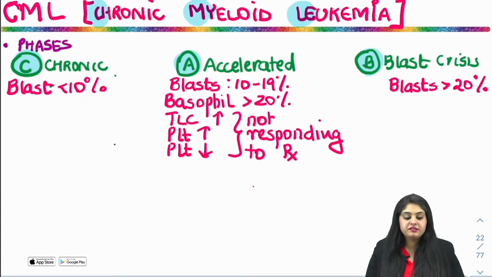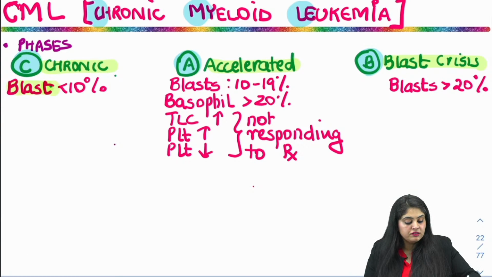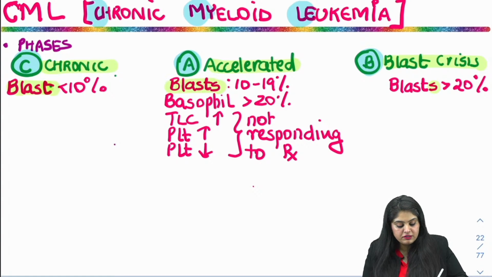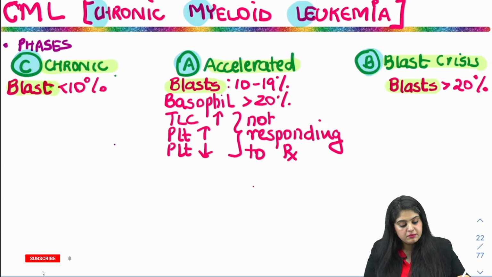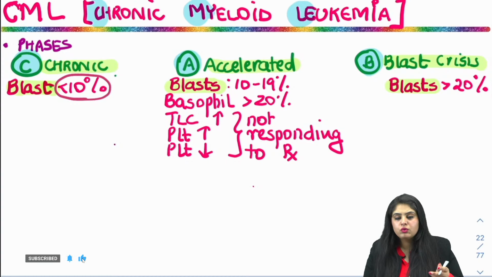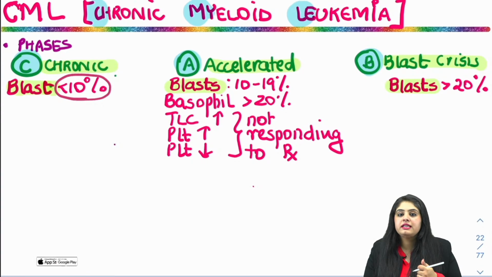Phases, ma'am: first is chronic, accelerated and blast crisis. So the first difference between these three is the blast count. Please remember, if the blast is less than 10%, that is chronic phase. Accelerate a little, go ahead with the acceleration.